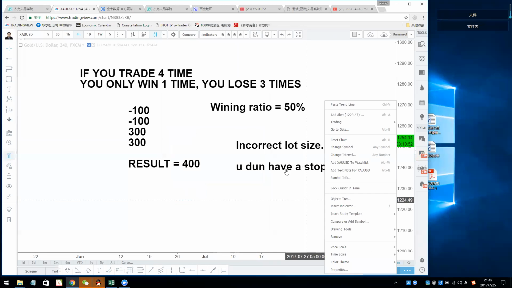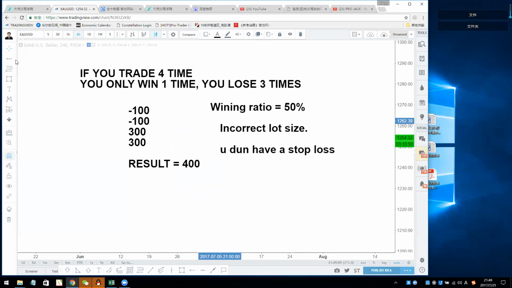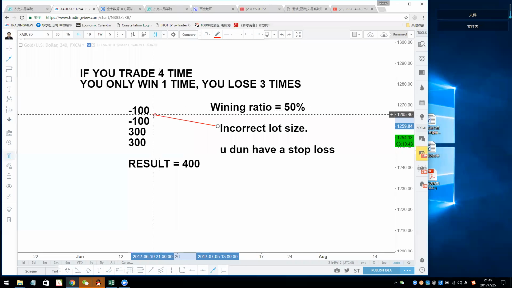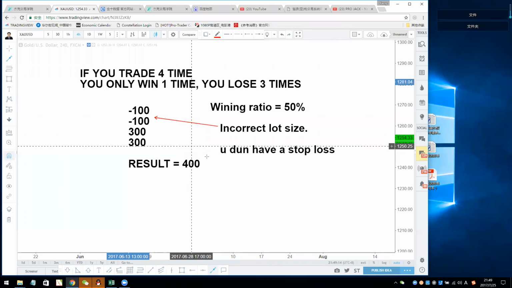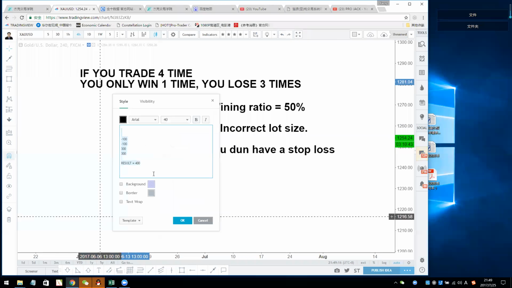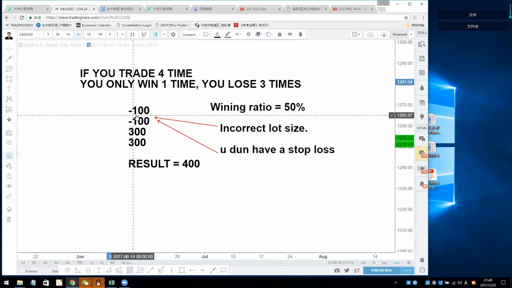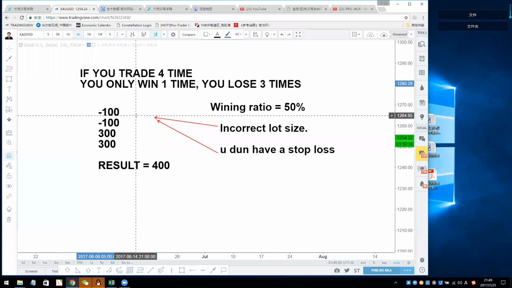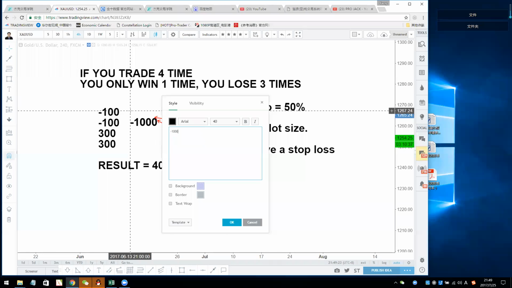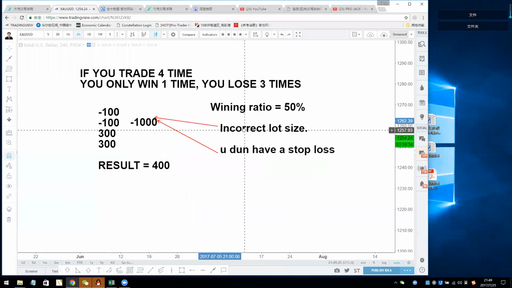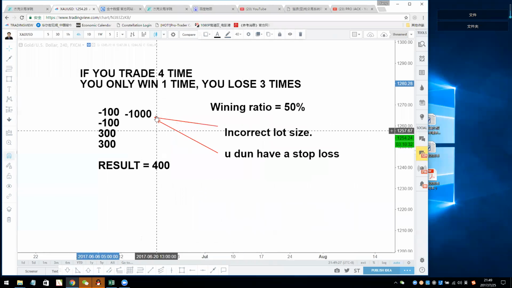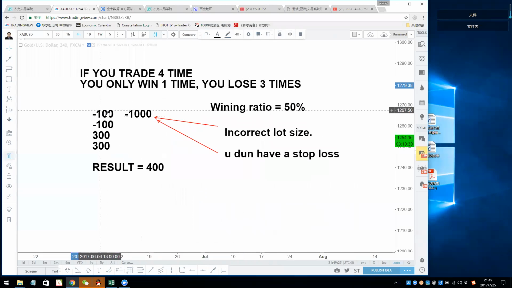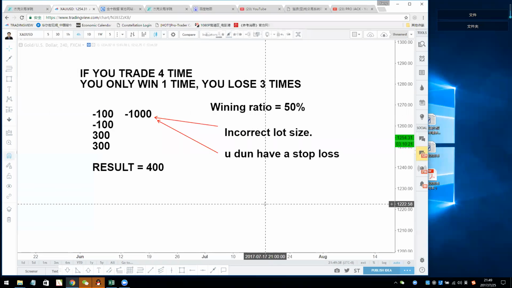These two things will damage your account. This negative 100 may become negative 1,000 if you trade 1 lot and lose 100 pips, because you will not stop at 100, you stop at 1,000 until your account is damaged. I hope everyone can understand this.